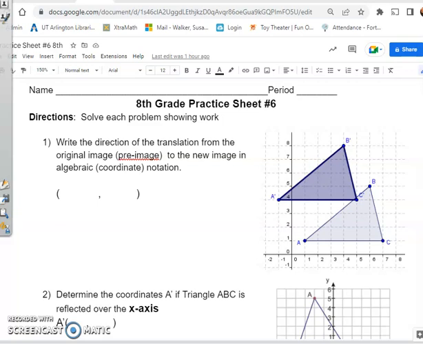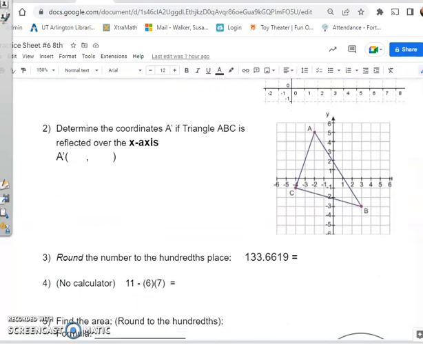Number 2, determine the coordinates of A prime if triangle ABC is reflected over the x-axis. So remember, we're reflecting over x. So remember, when we reflect over x, x stays the same. Y is what changes, okay?